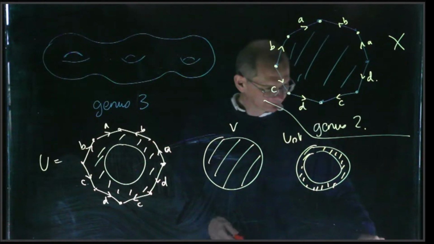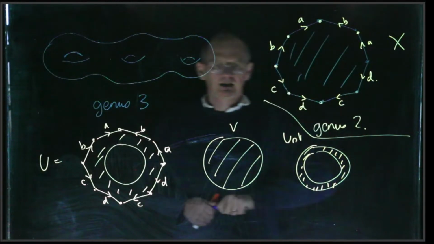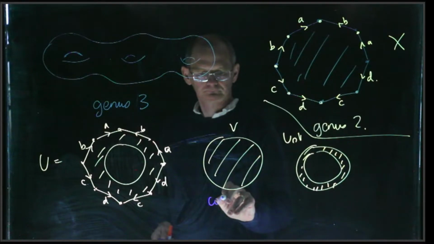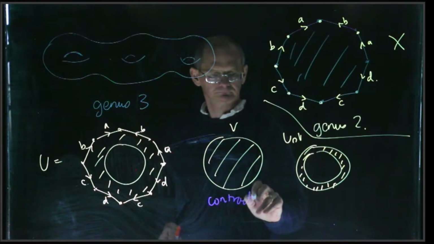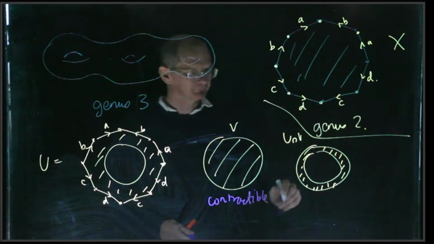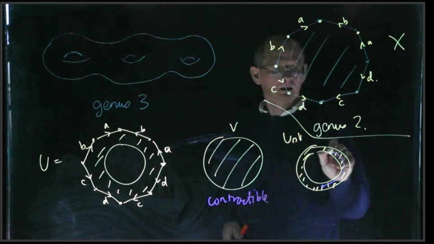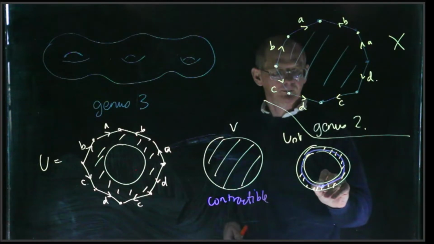So we need to understand the homology of these spaces. Again, V is going to be contractible, and U is homotopy equivalent to a circle.